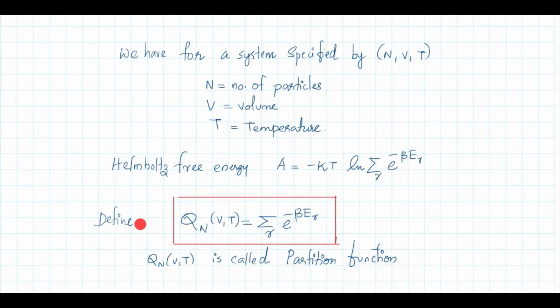Now we will define a quantity Q_N(V,T), so it will depend on N, V and T. Q_N(V,T) is equal to the sum over all the microstates of e raised to minus beta Er. This quantity is called the partition function.